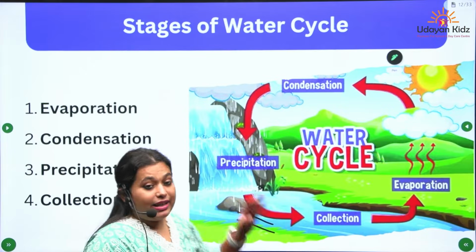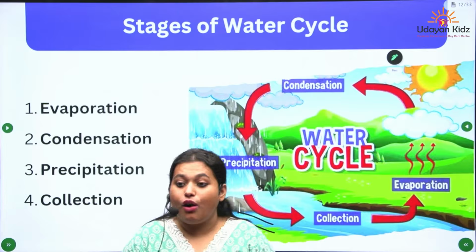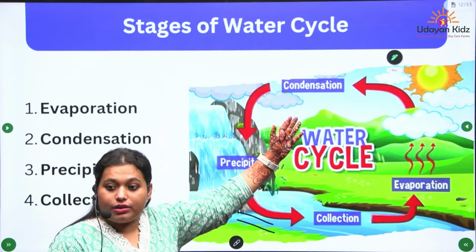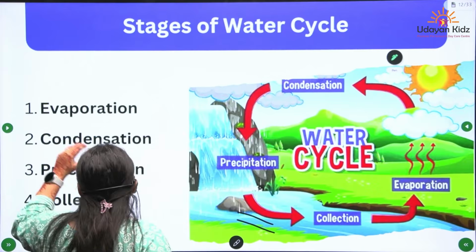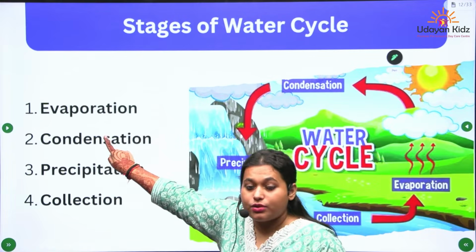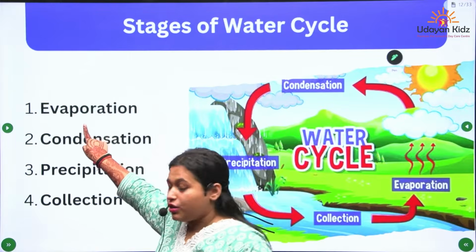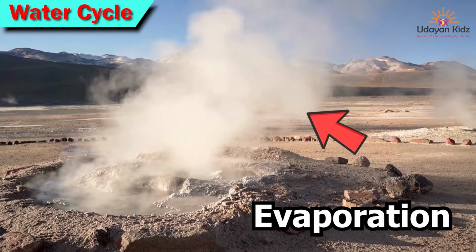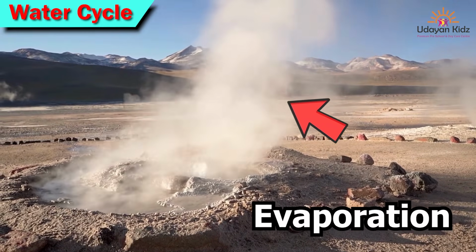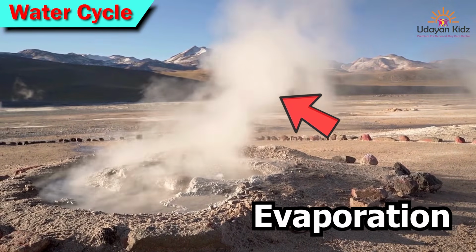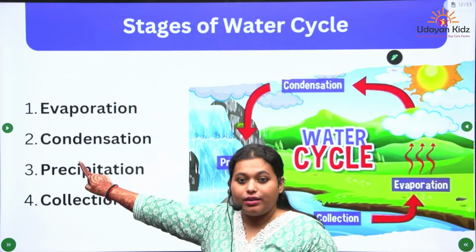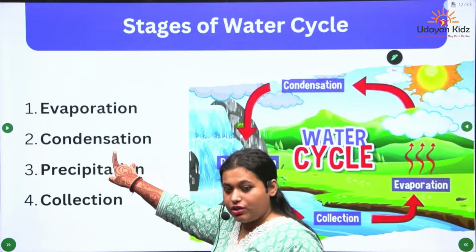Okay, so next is stages of water cycle. First one is evaporation. Second is condensation.